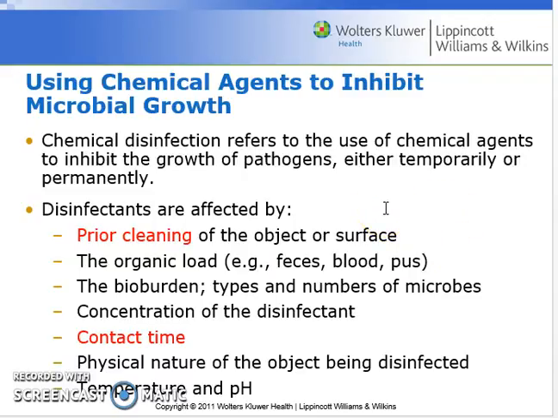Bleach is kind of the primary agent that's used to destroy bacterial organisms. Disinfectants also have some factors that affect their usage. The amount of grit that needs to be cleaned can influence whether or not the disinfectant will work.